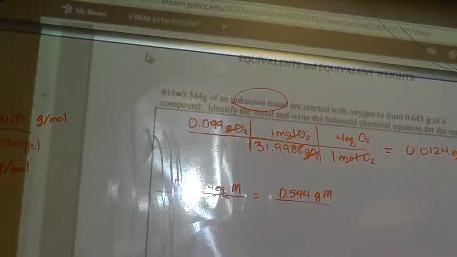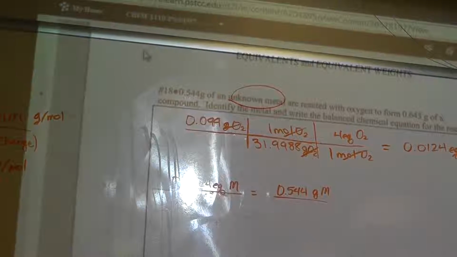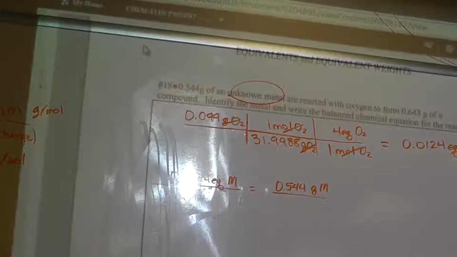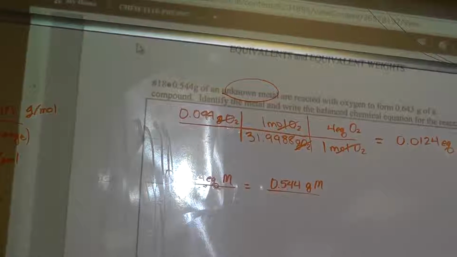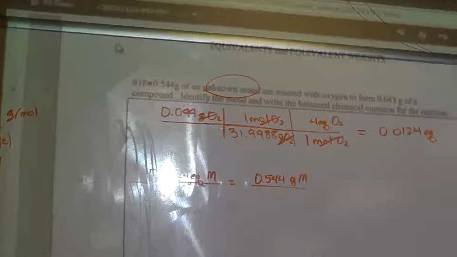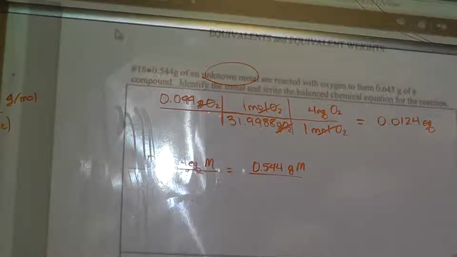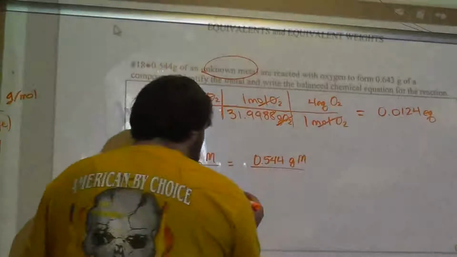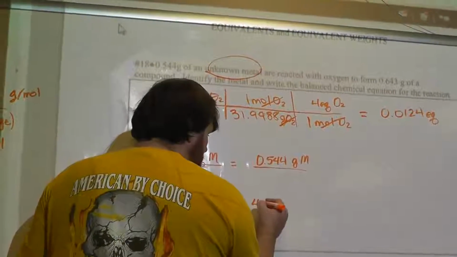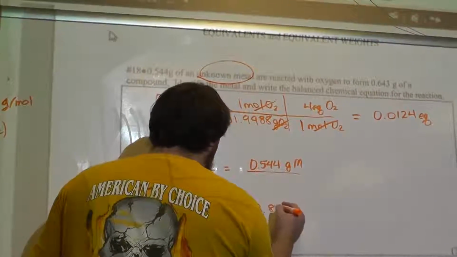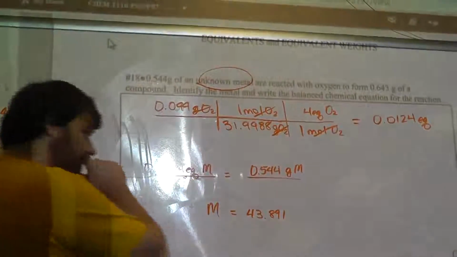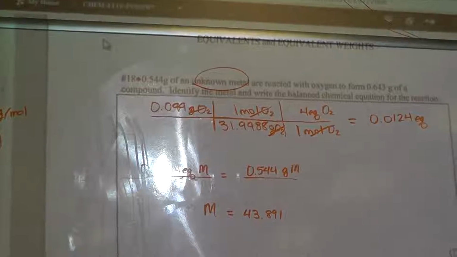Molar mass is in units of grams per mole. So what you have here is a combination of the molar mass and the equivalents, so the units we come out with give us our molar mass. So what was that? 43.891. Okay, so that's going to give you the molar mass of your metal. So what metal is that?